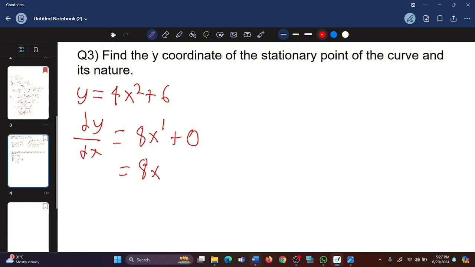Now, as this 8x represents the gradient of the curve at the x coordinate, I can write 8x is equal to 0 to find the x coordinate of the stationary point.